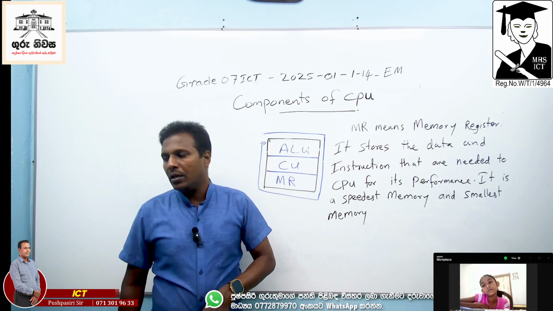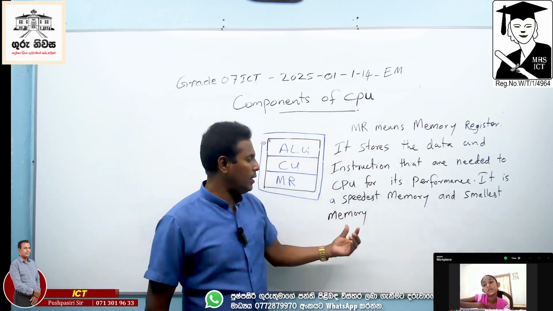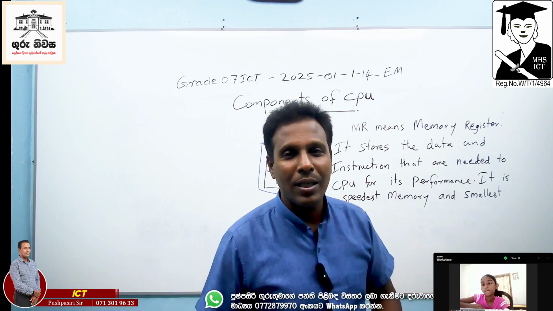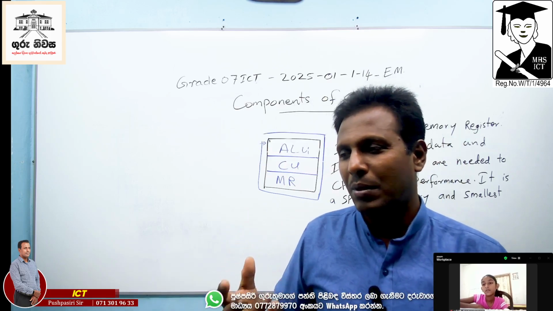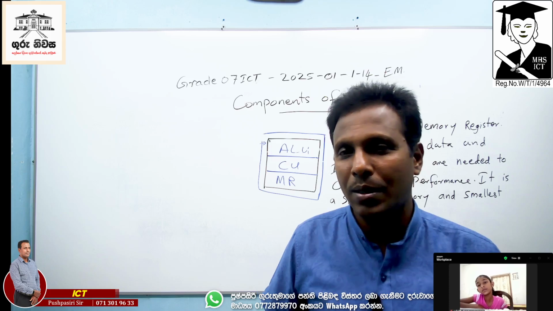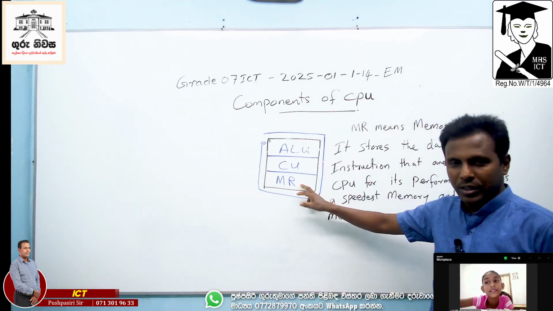But it is the smallest memory. නේද? වේගවත්ම වුණත් කුඩාම memory එකත් ඒකයි. memory අතරින් කුඩාම memory එක සහ වේගවත්ම memory එක මොකද්ද? මේ MR එක, memory register.